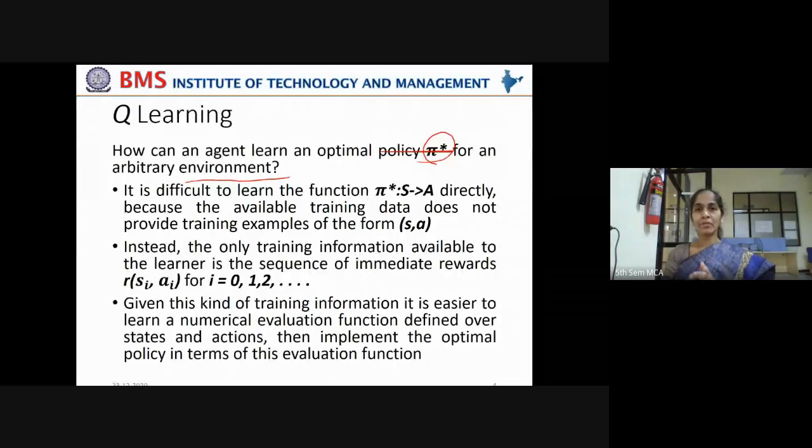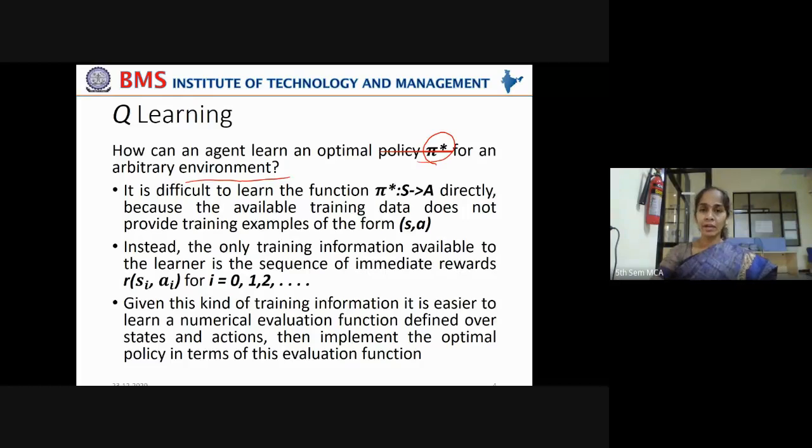Sometimes the traffic may be very high, sometimes low, and sometimes the road may be completely empty. In all these arbitrary environments, the agent has to learn its optimal control policies according to which it has to act and take appropriate actions in order to move from one state to another state, right?